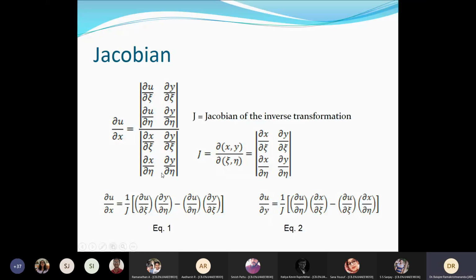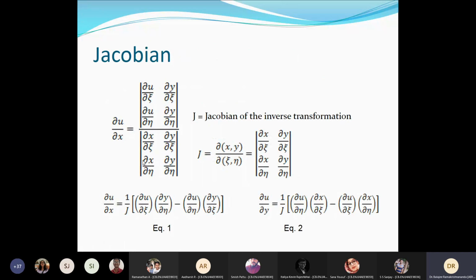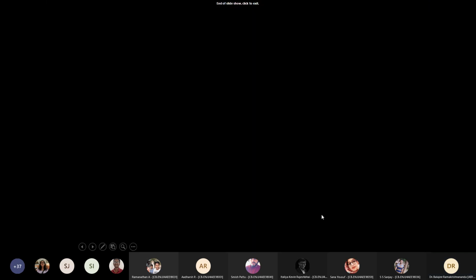So J is known as the Jacobian of the inverse transformation, which is the denominator here. ∂u/∂y will also have the same denominator. So you will get equations 1 and 2, which are for ∂u/∂x and ∂u/∂y.